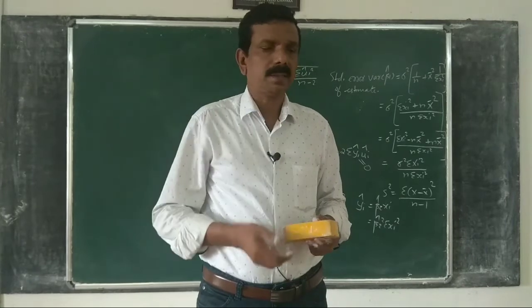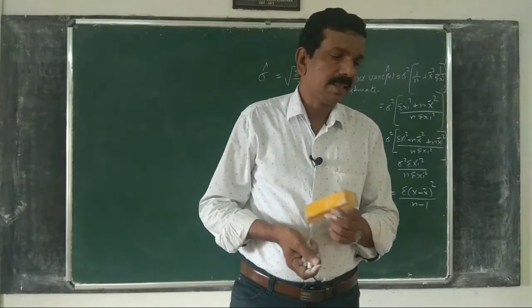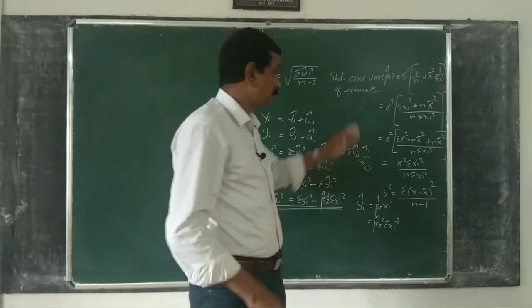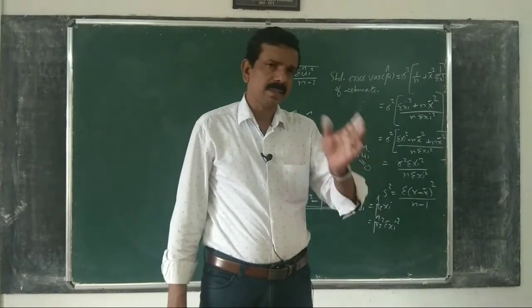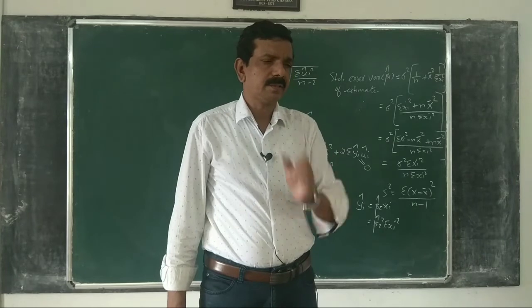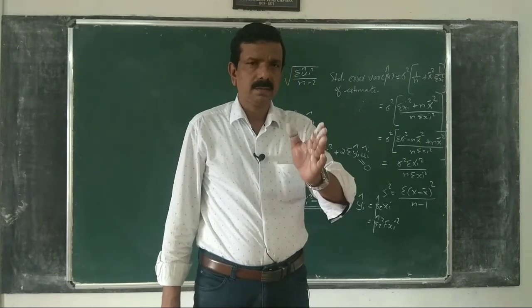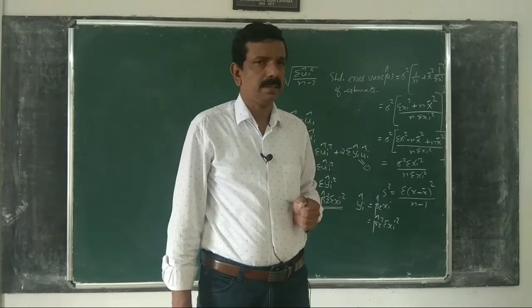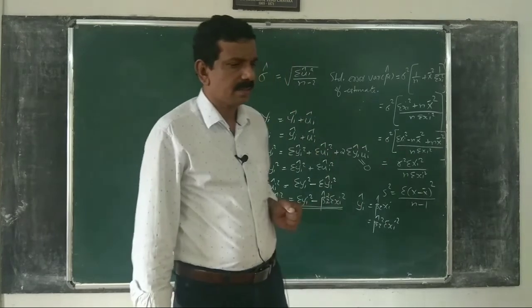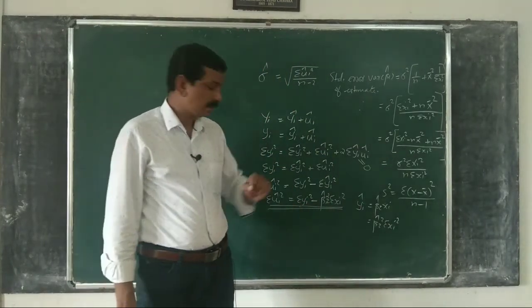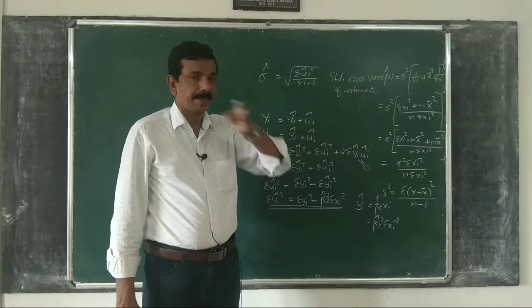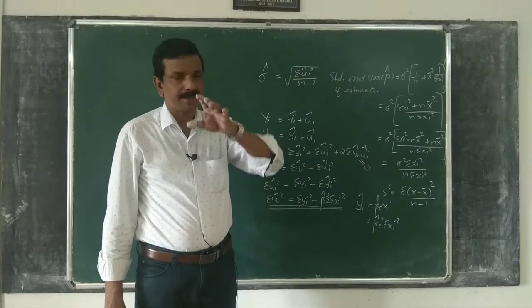It is nothing but the standard deviation of y around the estimated regression line, and it is often considered as a measure of goodness of fit of the sample regression line to the sample data.